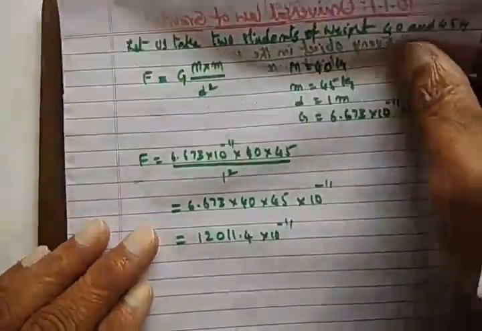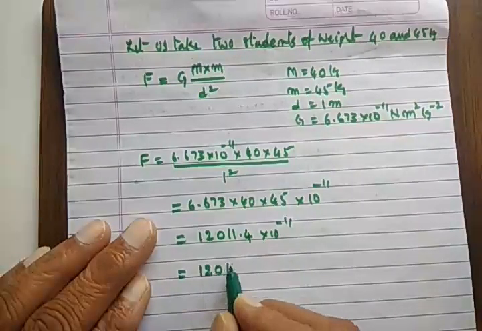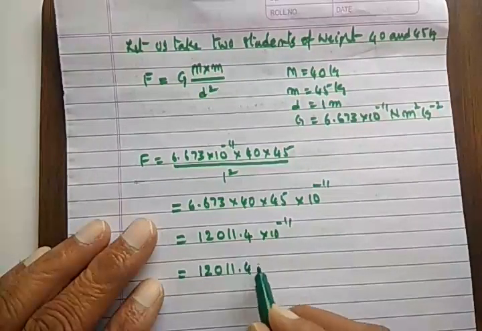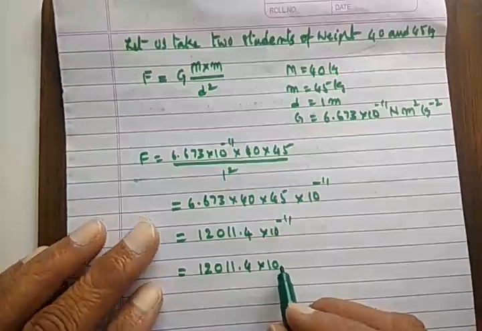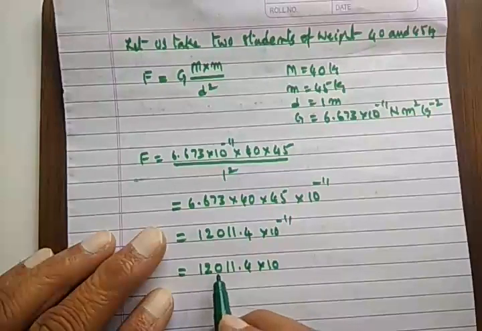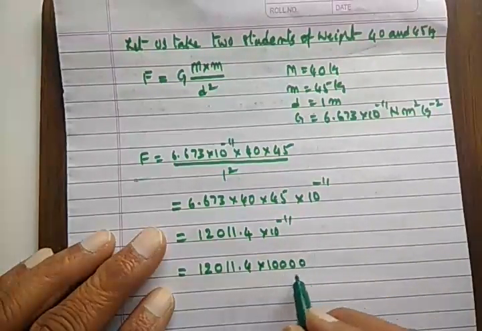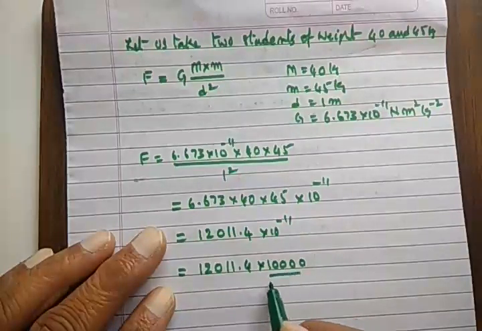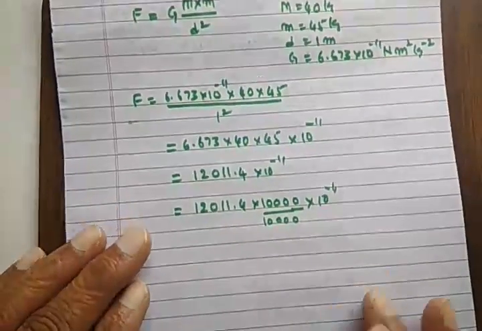This is very difficult to understand, so we will write it the scientific way. I want to make it 1 point something, so that is the scientific way of representing. 4 zeros I have to shift, so multiply by 10,000 and divide by 10,000 in 10 to the power of minus 11.